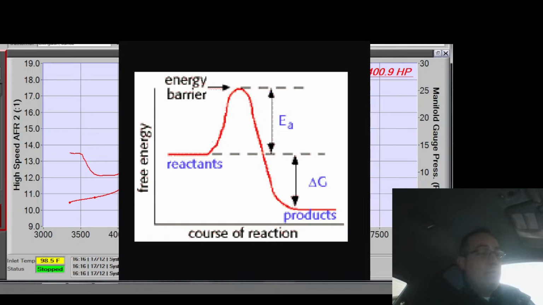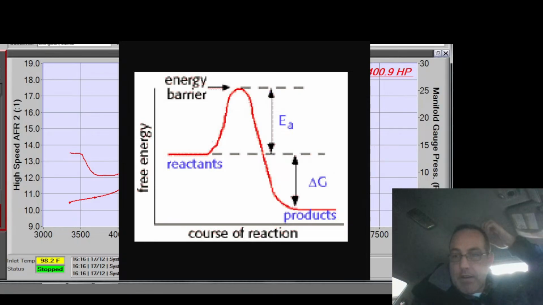But I don't increase the burn speed because I still have a bunch of non-conductive and non-flammable materials in between all of them. So it helps a lot with atomization and homogeneous distribution of the charge in the cylinder more than anything, because overall it still slows the reaction. It still slows the burn down by having exhaust in there.